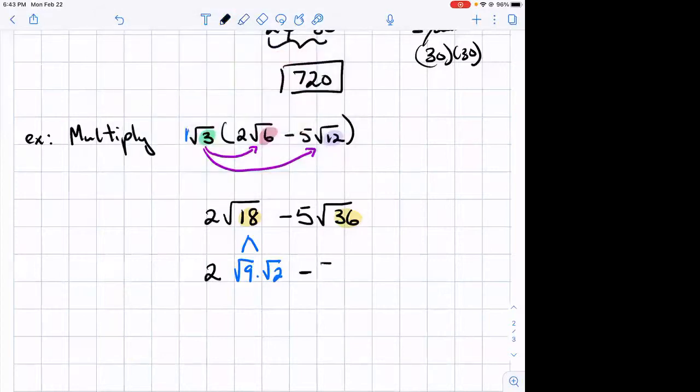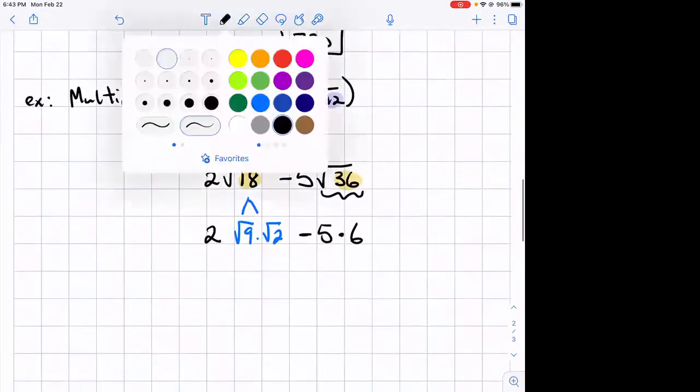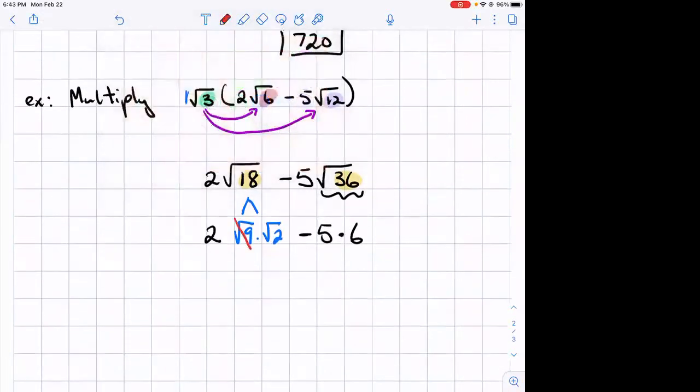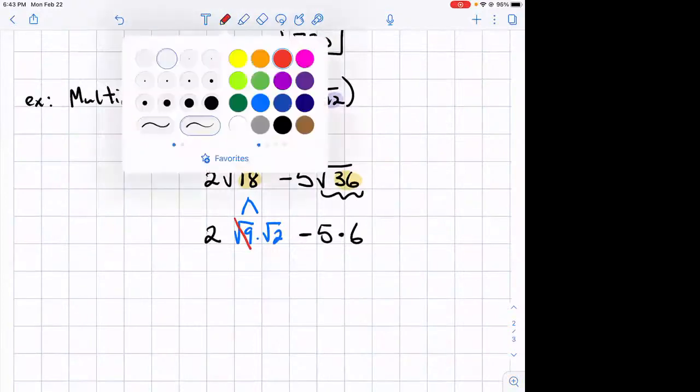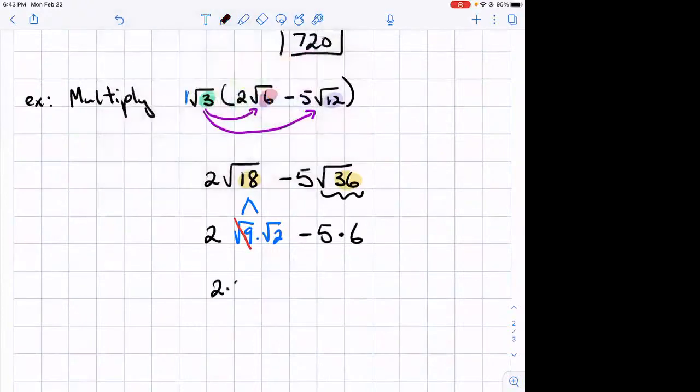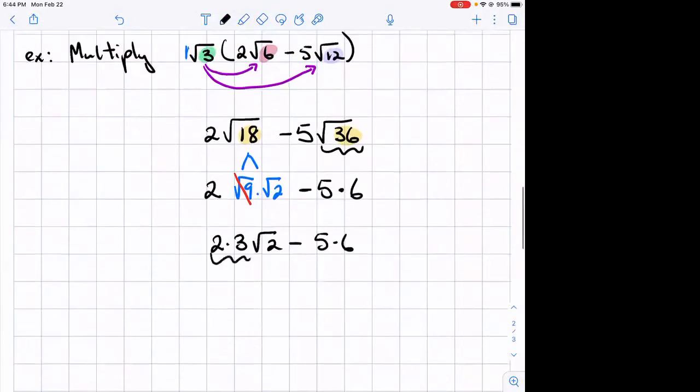The root of 36 is 6. So we now have 2 times 3 root 2 minus 5 times 6. 2 times 3 is 6 root 2, minus 5 times 6 is 30. And here is our simplified answer.